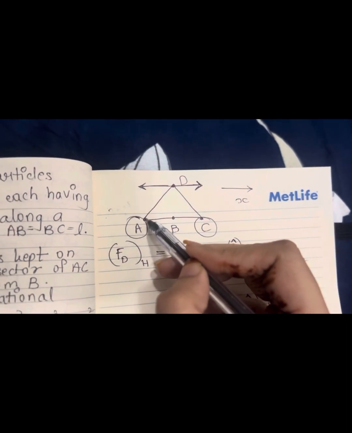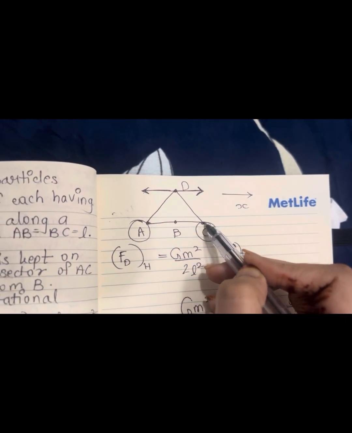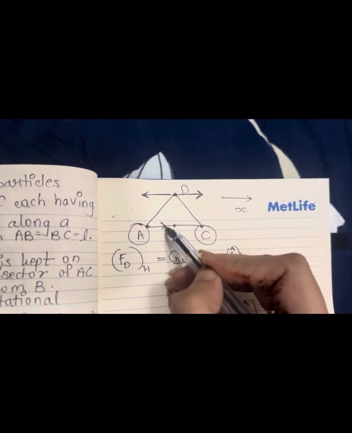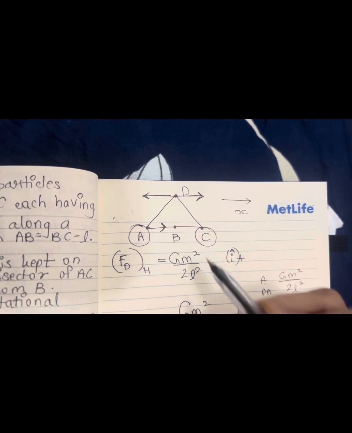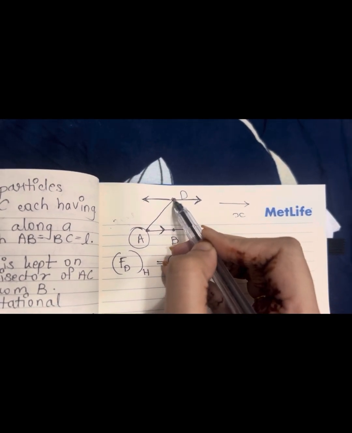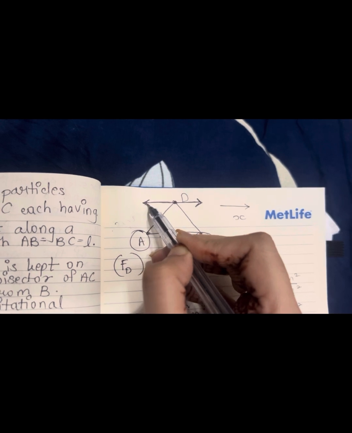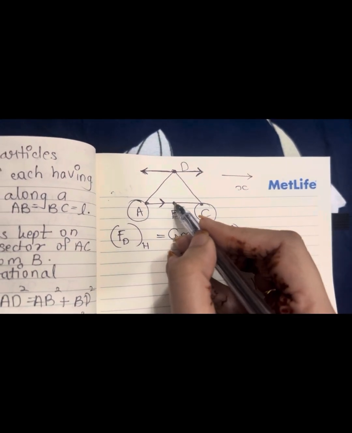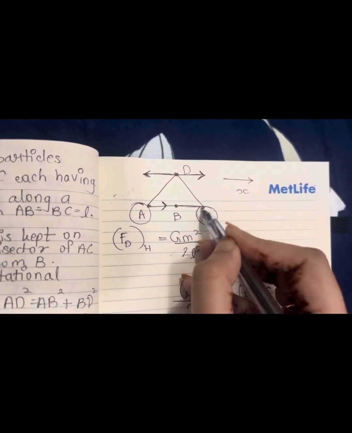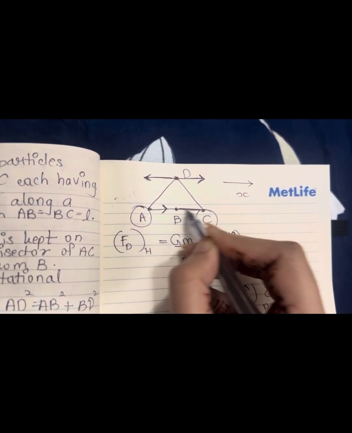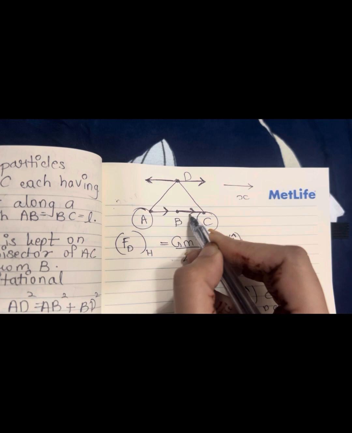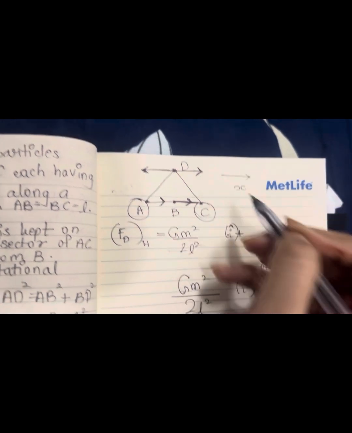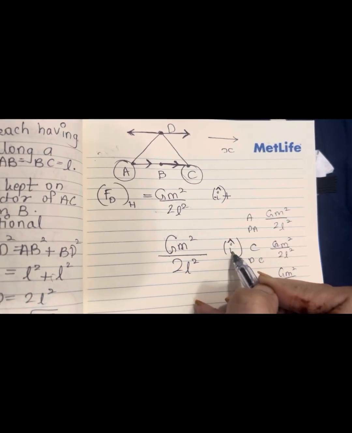Now while going from A to C, the direction is towards this side, but here if you notice the direction is along the negative x-axis, so here I'll have minus i. But when we consider from B to C, when we approach the C point, this direction and this direction are the same, so here it will be positive i.